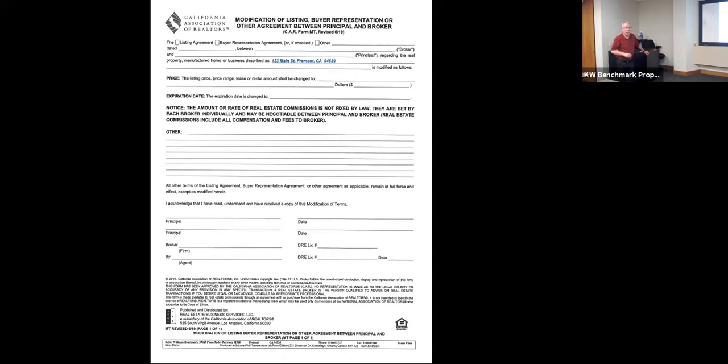You put in the new expiration date. If you're going to make any other change, if there's going to be a change in the commission, anything else is going to change with respect to that listing, this is the form you have them sign. And this would apply to the buyer representation agreement too.